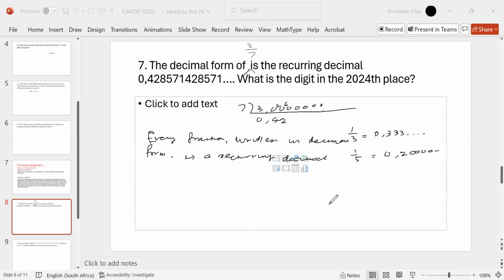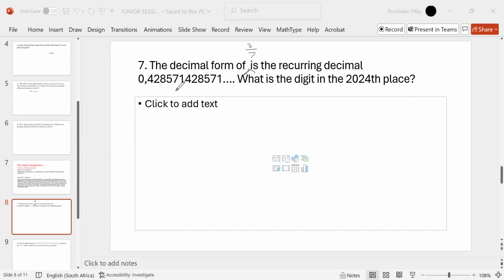Okay, that's a useful fact to know. Now, that's got nothing to do with this problem, though. This problem says you got this thing that is repeating like this all the time. What is the digit in the 2024th place?